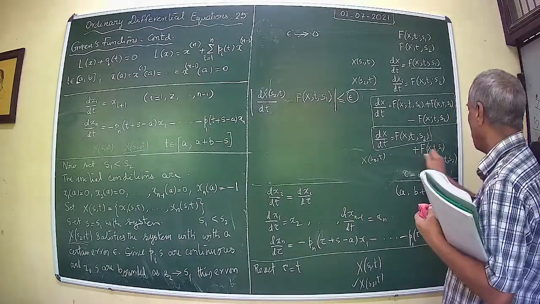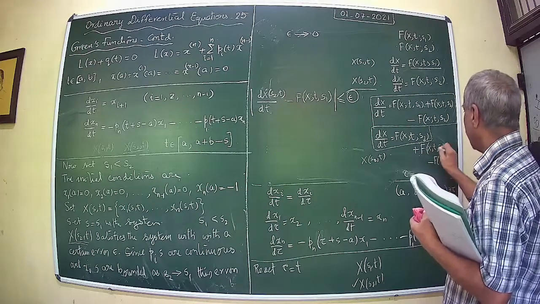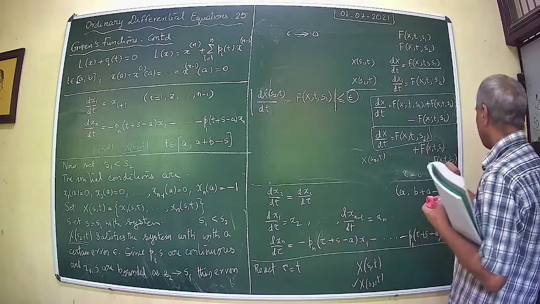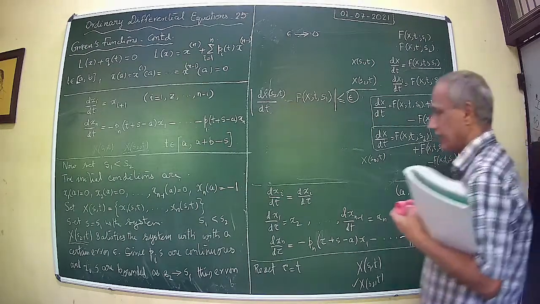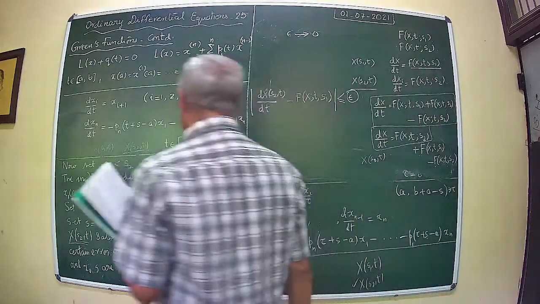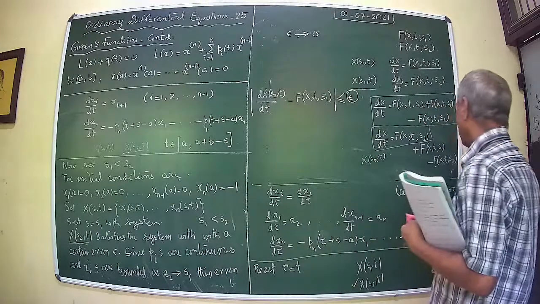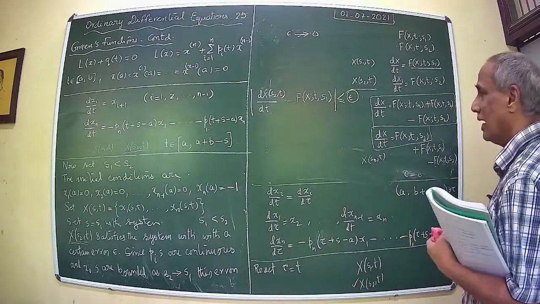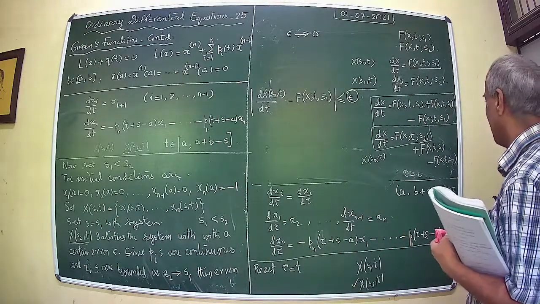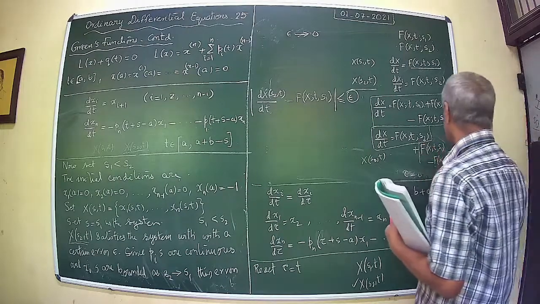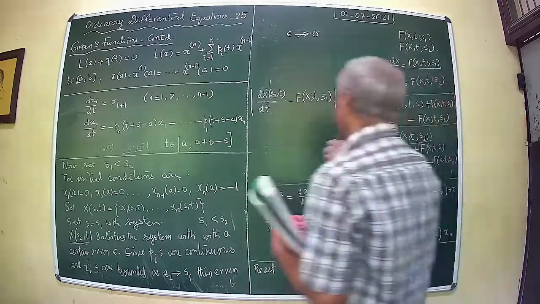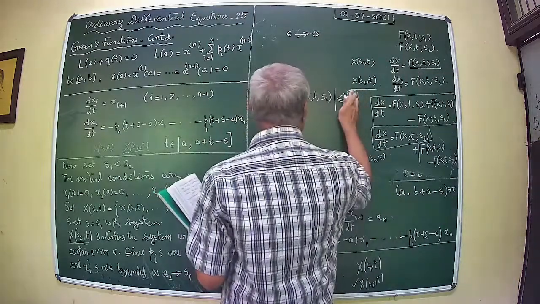So it is the norm of f(x, t, s1) minus f(x, t, s2) that comes. And there you see that the p_i's are all continuous functions, and therefore the x_i's are all bounded, so use that. So there is some error.